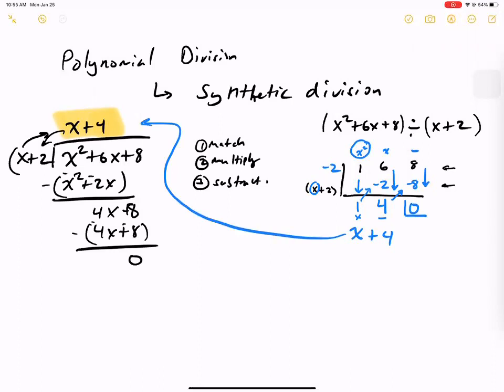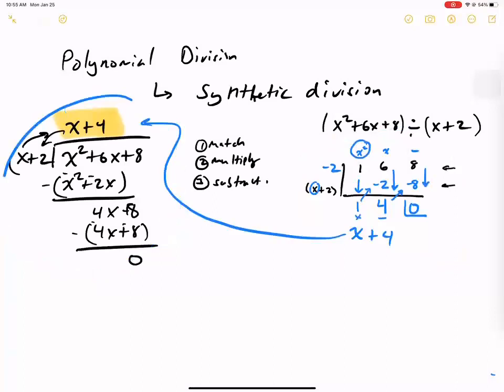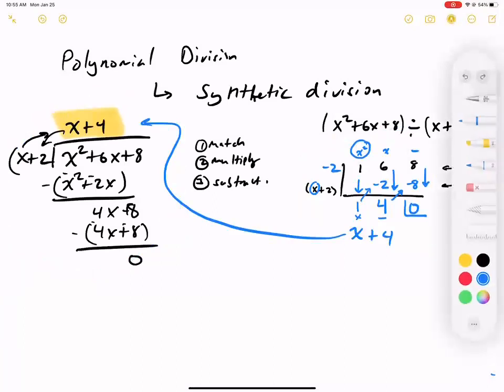Now, I want you guys to notice a couple of things. First thing is that all the numbers we wrote here, we actually wrote in the long division, but in a condensed form. Let me show you this. Let me use a couple different colors here.